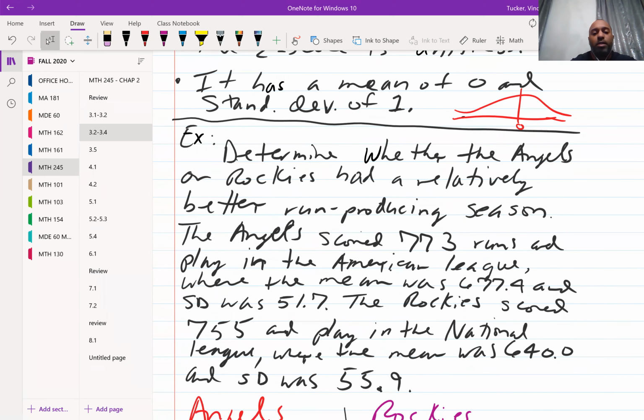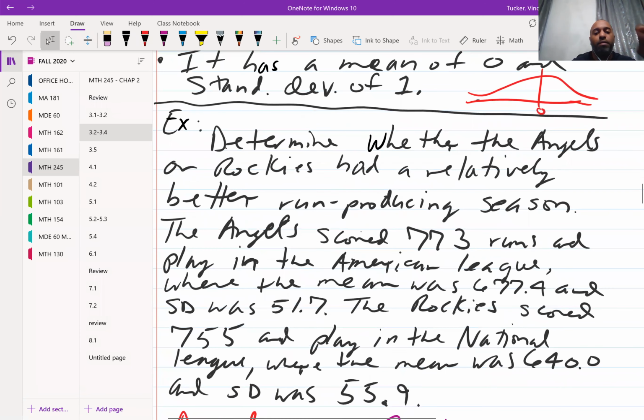The Rockies scored 755 runs and play in the National League, where the mean was 640 and standard deviation was 55.9. So I'll give you a chance to write that down.